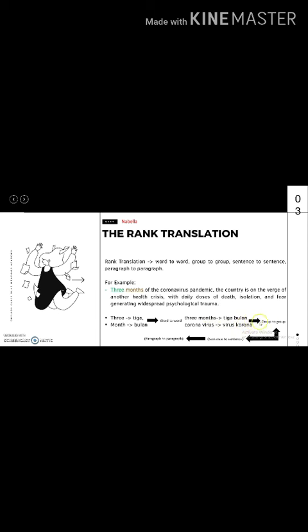Then after we translate group to group, we can translate sentence to sentence, and then paragraph to paragraph, and finally discourse to discourse. That's why this type of translation is called rank translation.